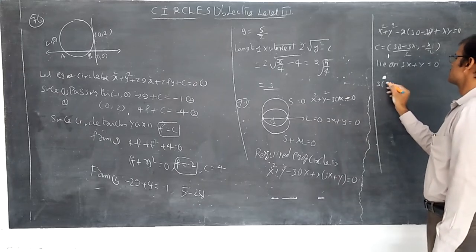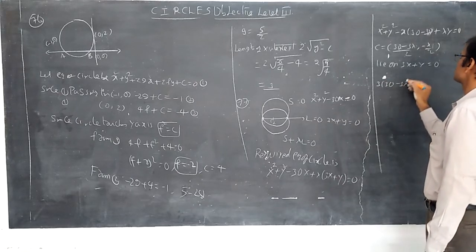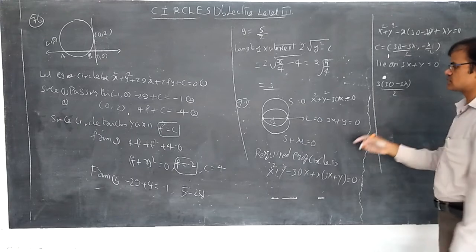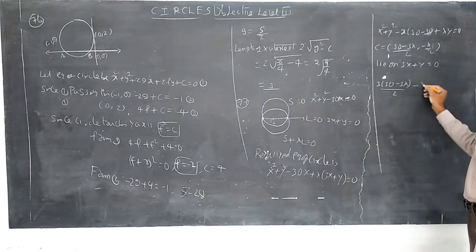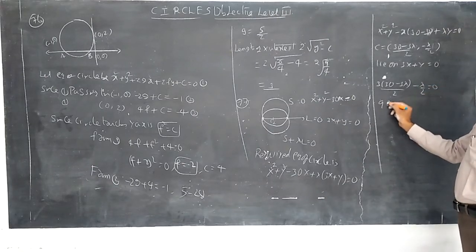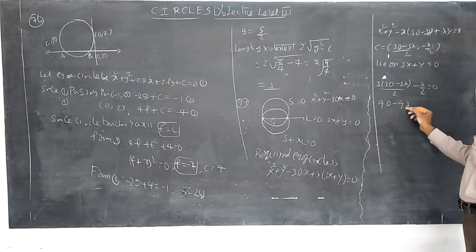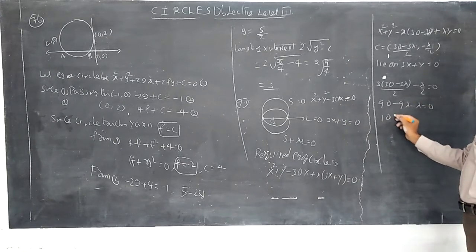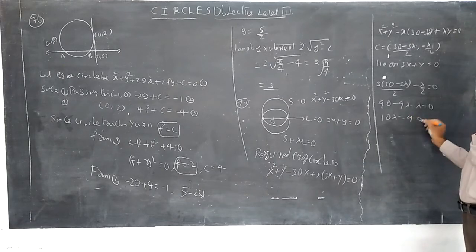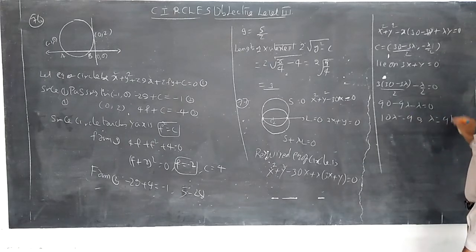Substitute here 3 into (30 minus 3 lambda) by 2, because the diameter is the longest chord passing through the center, minus lambda by 2 equal to 0. So 90 minus 9 lambda minus lambda equal to 0, so 10 lambda is equal to 90 and lambda is equal to 9.